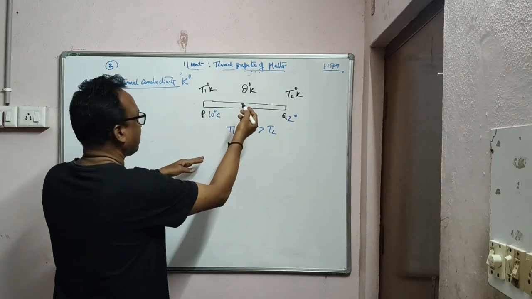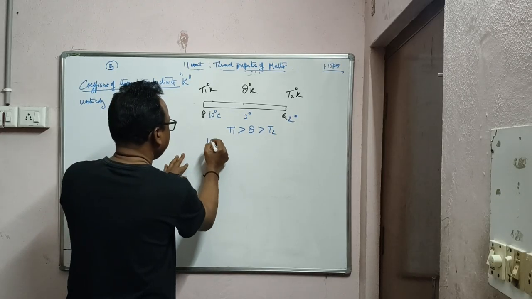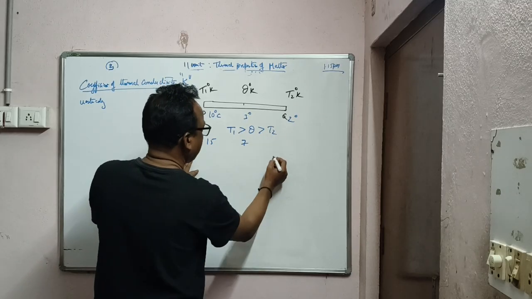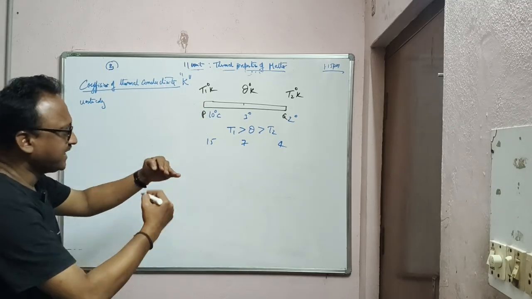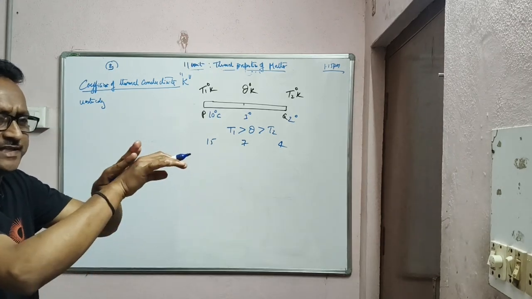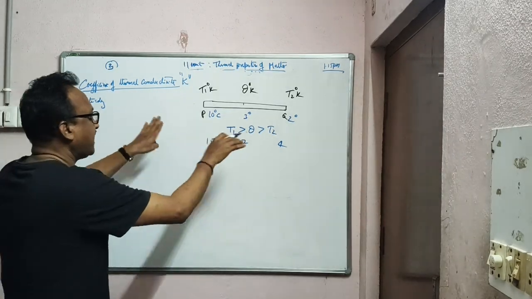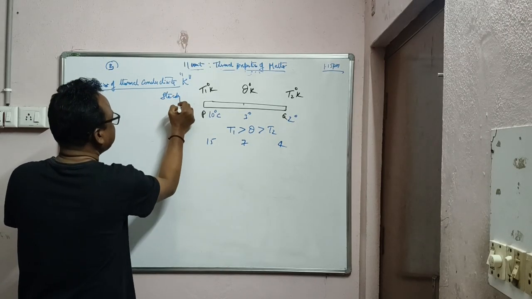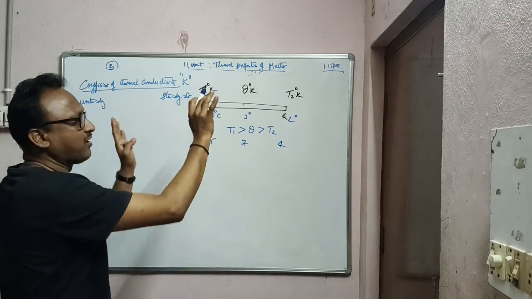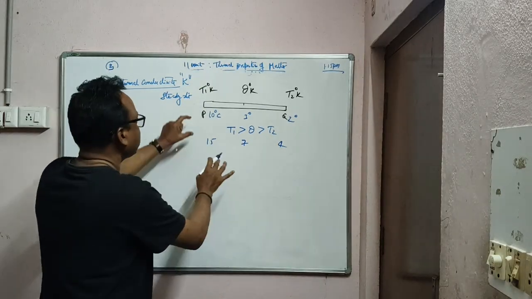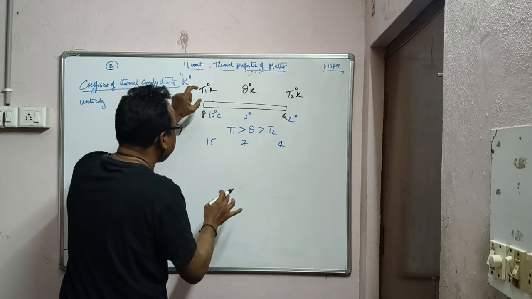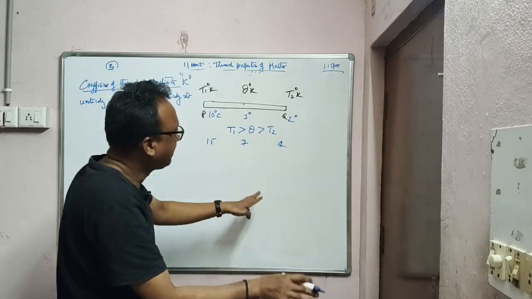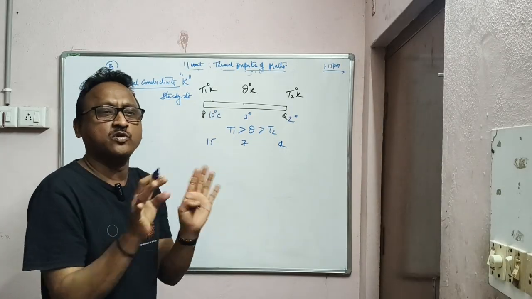After 10 minutes, this has increased to 15, this has gone to some 7, and this to some 4. So like this, the unsteady condition reaches the saturation point and a steady state, that means the rod is completely heated up. Then whatever temperature is there at T1 stays the same at T1, and the junction has the same temperature, and the end also, there is no variation.